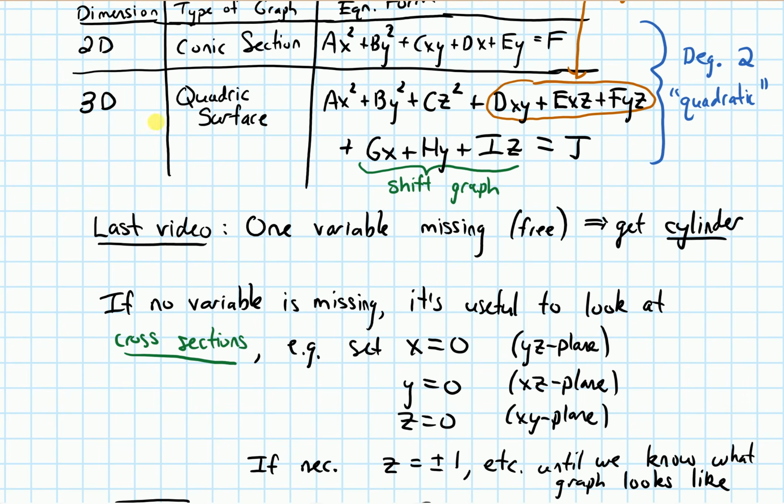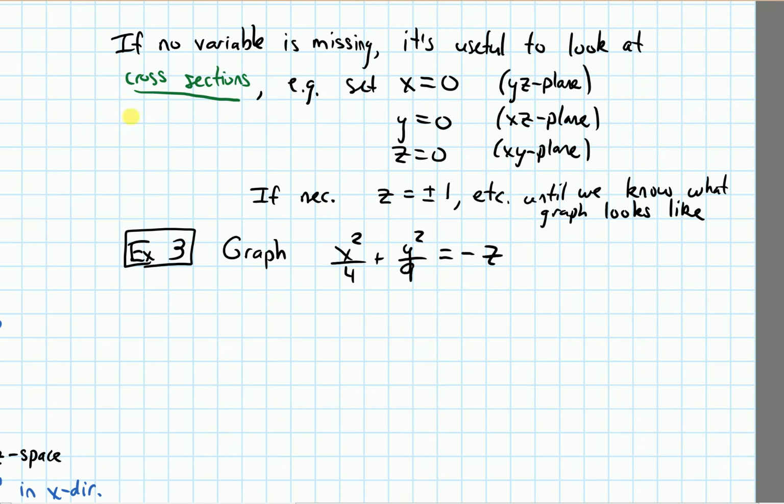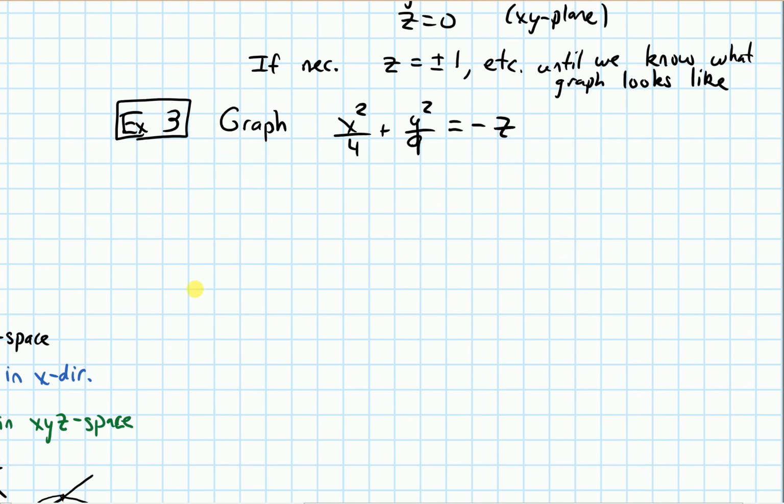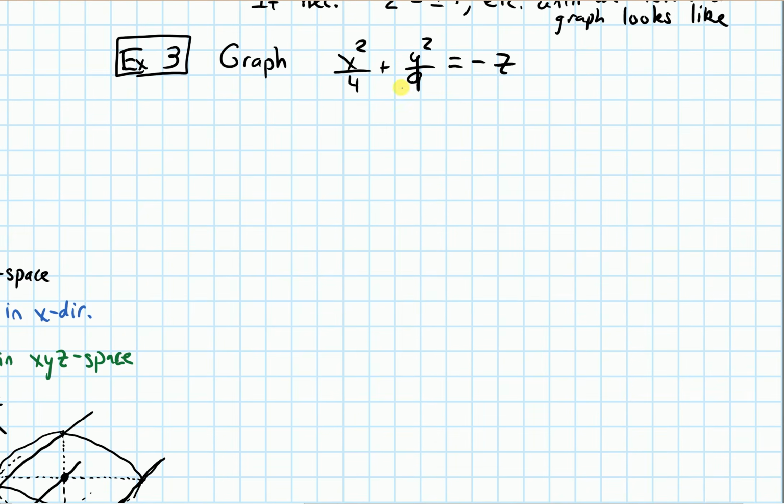So, an example, let's graph x squared over 4 plus y squared over 9 equals negative z. Alright, so I'm going to begin by looking at these cross sections.